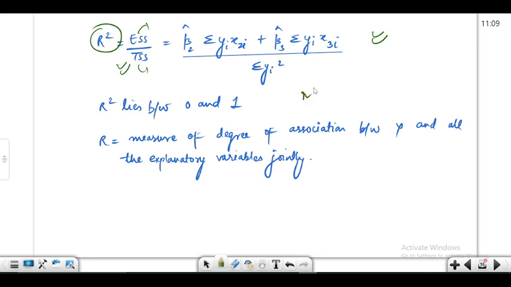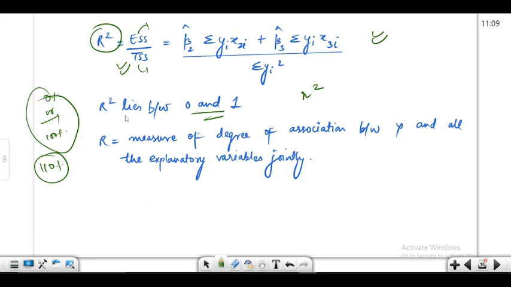Just like small r square, my capital R square also lies between 0 and 1, because my variables can explain the variation in the dependent variable by either 0% or by 100%. So this is the range in which the explanation can move. No variable can explain 110% variation in a given dependent variable.